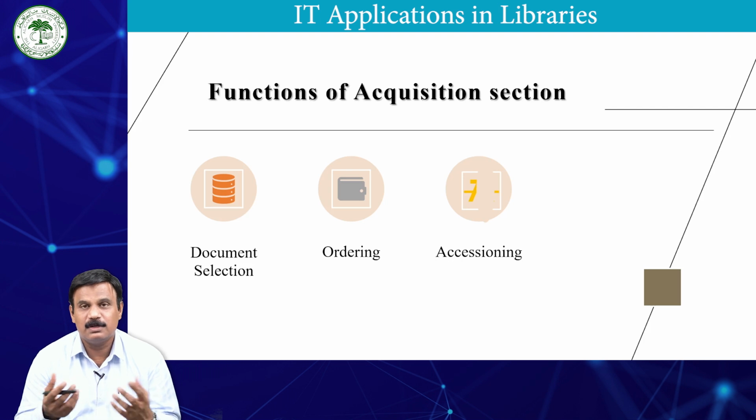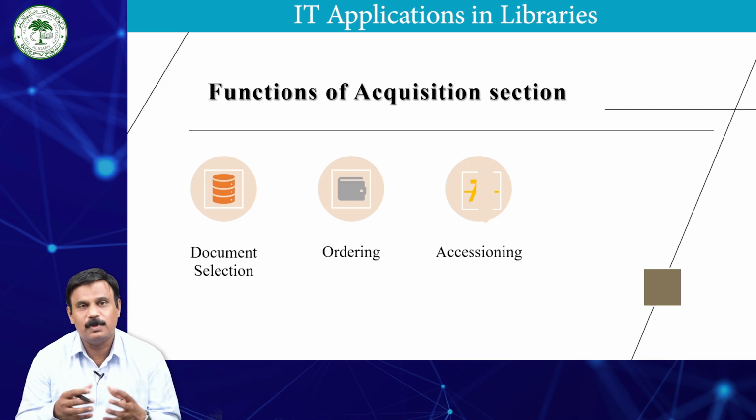We can automatically generate the letters, and the document details can be collected from various sources and sent to the vendors immediately for ordering. Once the order is accepted, we will have the verification of the documents. Then you can also make a payment online. And your budget, it will automatically control.